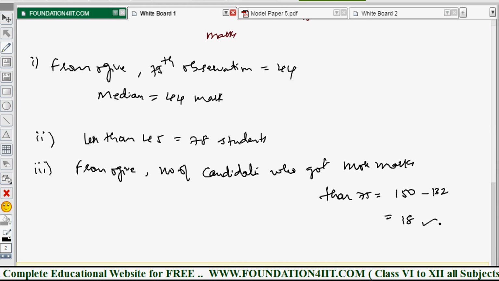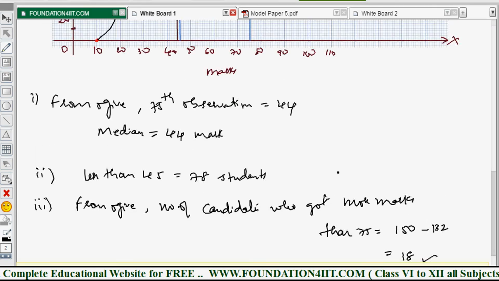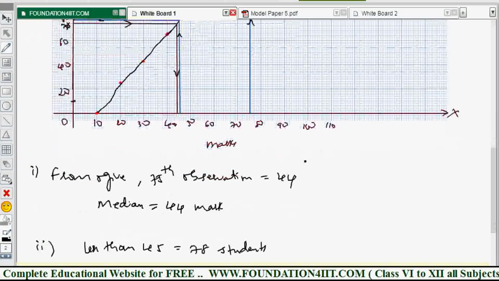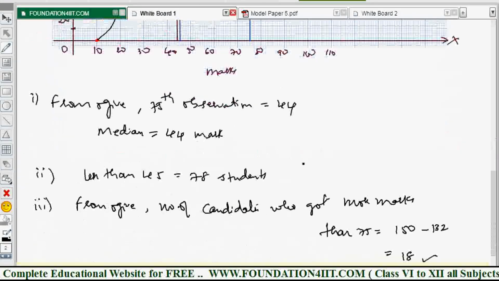So only 18 students got more than 75 marks, because they asked for more, not less. So 18 students got marks more than 75.